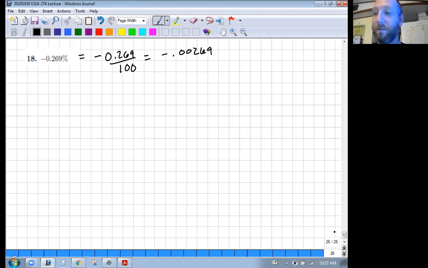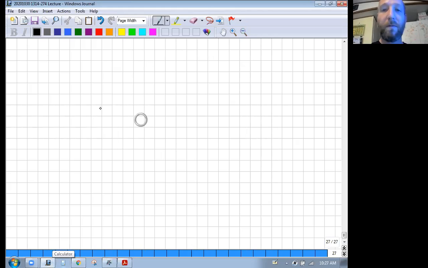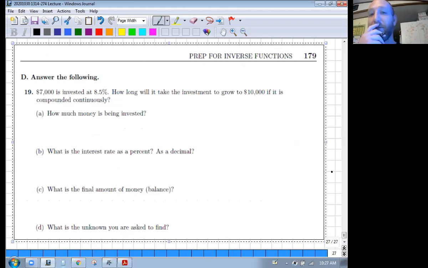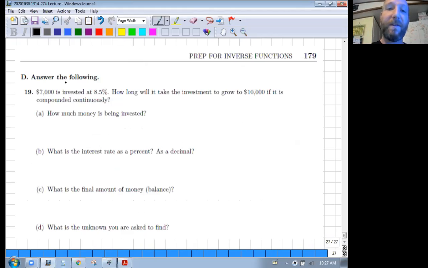So let's look at this problem here. $7,000 is invested. Our interest rate is 8.5%. How long will it take the investment to grow to $10,000 if it is compounded continuously?